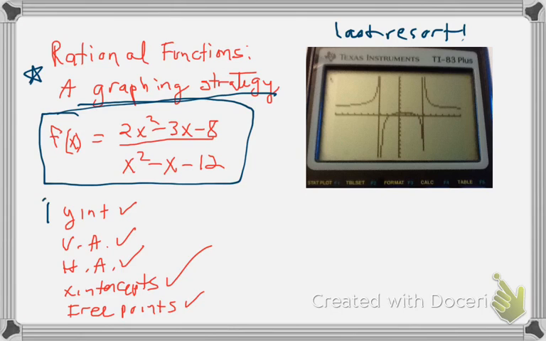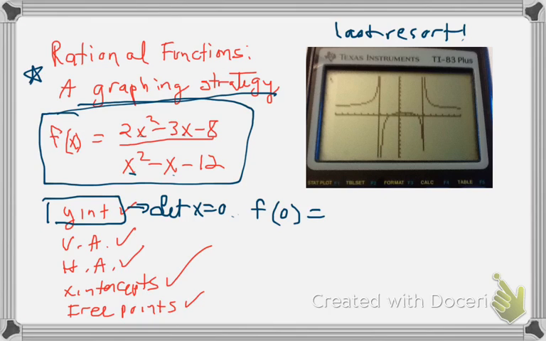So here's our strategy. Let's try and find the y-intercept first by hand. You know the recipe. Let x equal 0. Okay? So if I let x equal 0 here, here, here, and here, you can quickly see that f of 0 is basically going to end up being negative 8 over negative 12, which is 8/12.